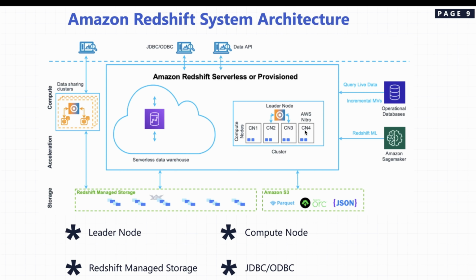Each compute node takes its task from the leader node, performs it, and gives the result back to the leader node. Similarly all compute nodes do this, and then the leader node combines the execution done by the compute nodes and gives the result back to the user via this data API. That's the work of the leader node and compute nodes.